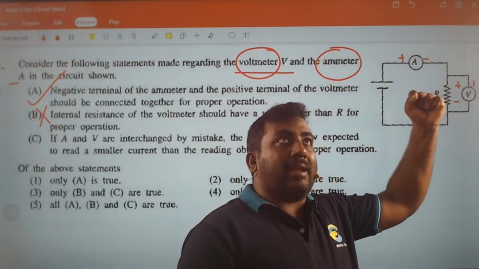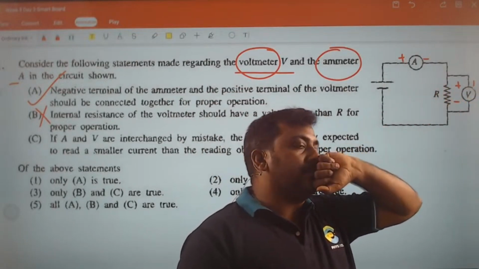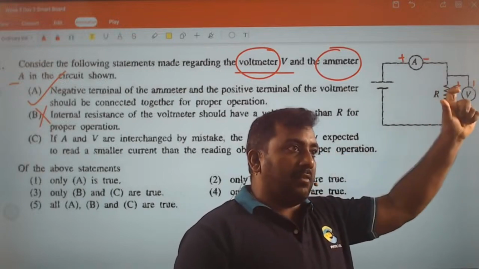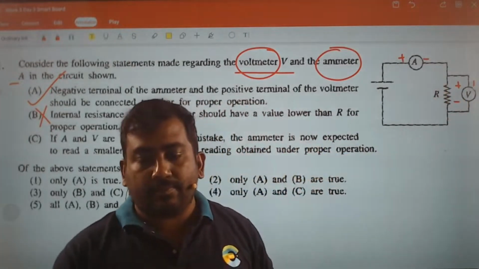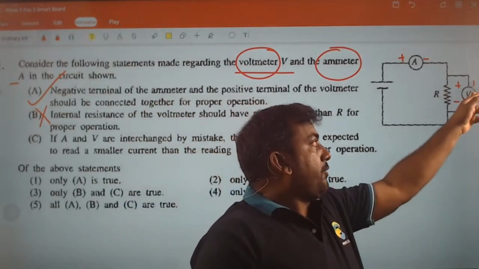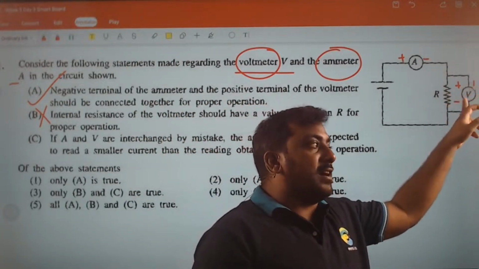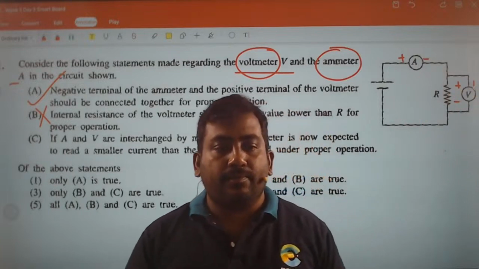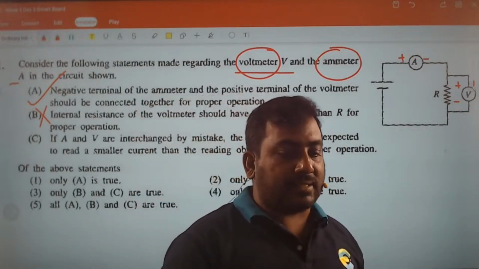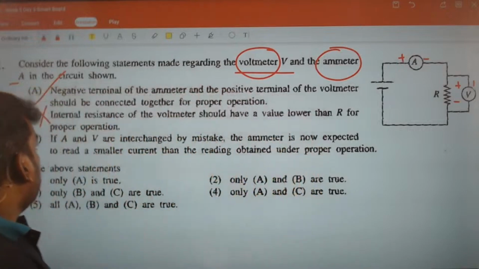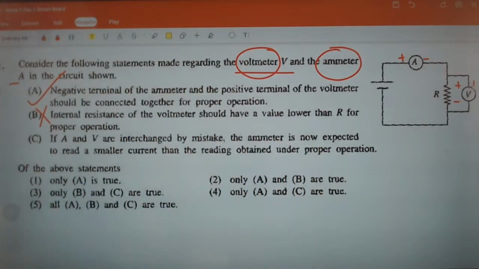But if the voltmeter has a small resistance, it will read the voltage across the effective resistance. Okay, so statement B is wrong.